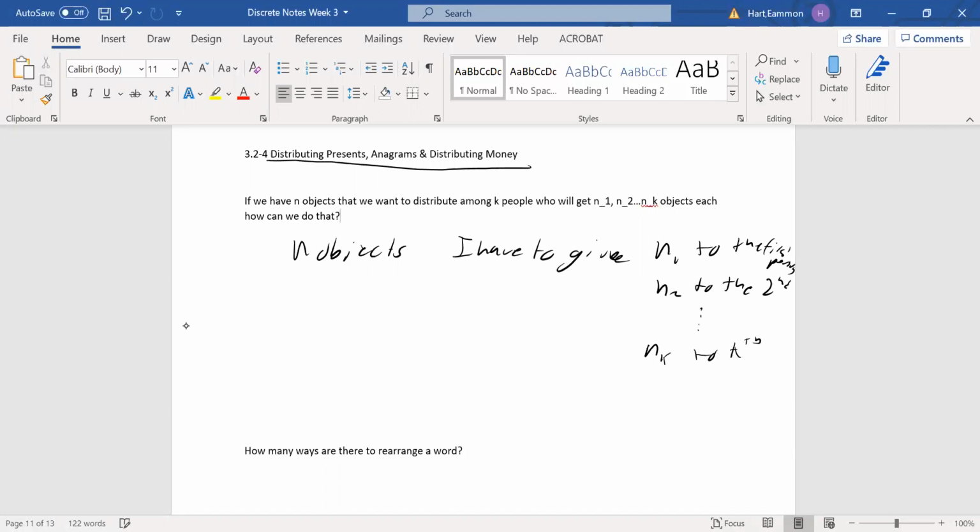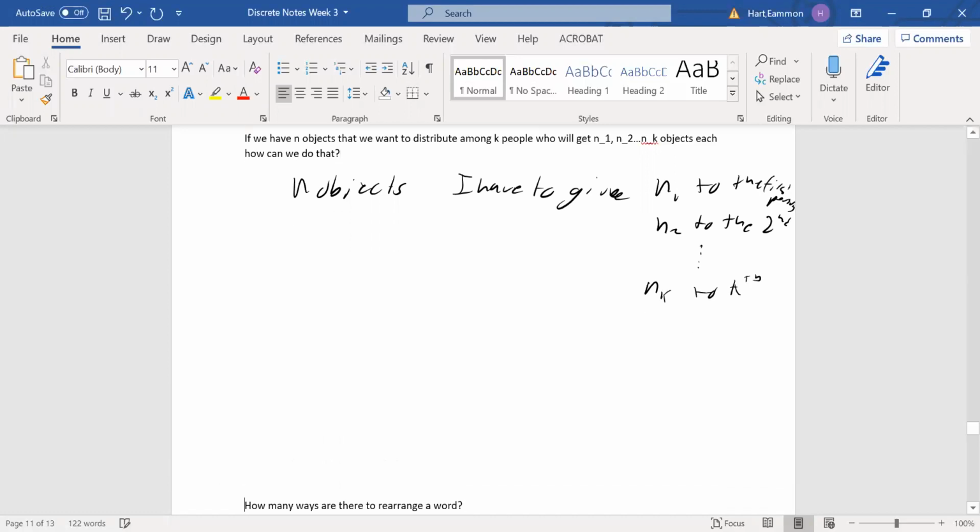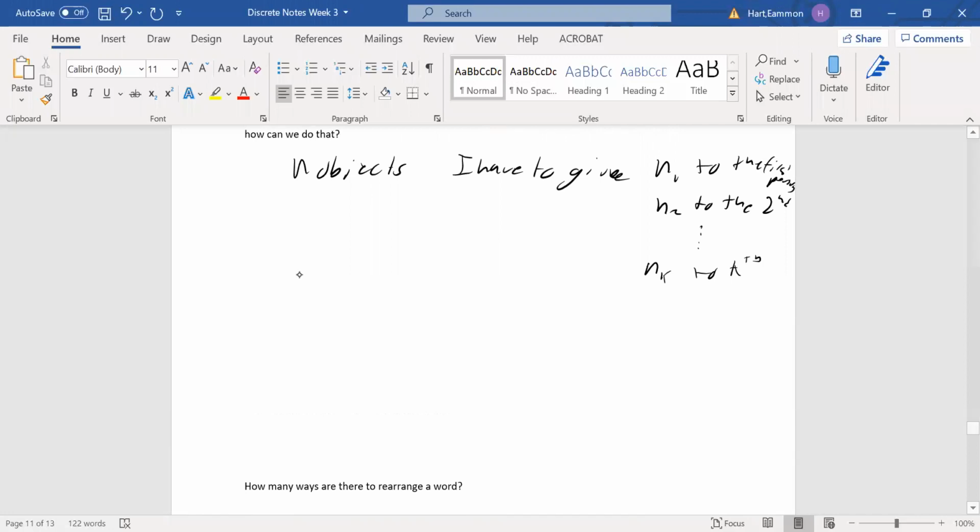How many ways can I do that? And so I have object 1, object 2, object 3, object 4, blah, blah, blah. And then n1, this guy is getting n1 of them.